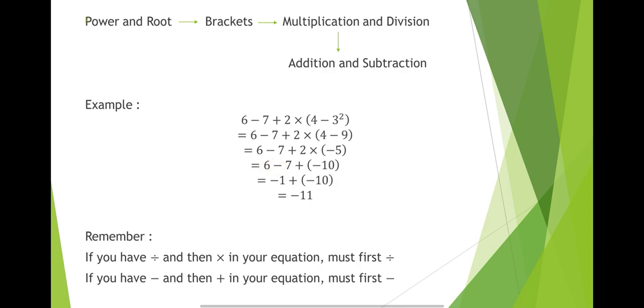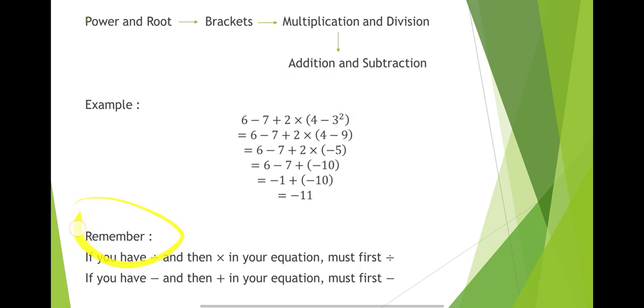And then on the third step, we have only negative, minus, positive, and multiplication. Which one do we do first? Let's take a look at the next order, multiplication and division. So we do the multiplication first. 2 times negative 5 is negative 10. And then it's just minus and plus here. These are the last ones in the order, addition and subtraction. Which one are you going to do first?